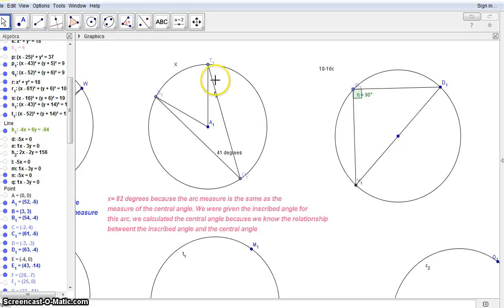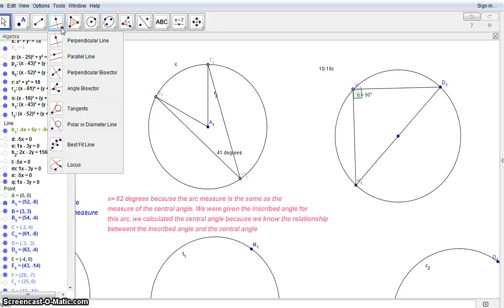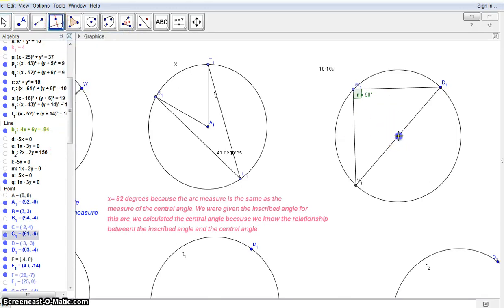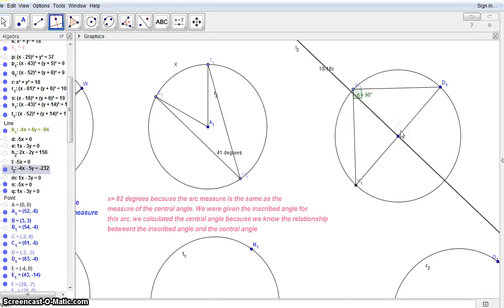When we create a perpendicular bisector through the center of the circle, and we match the vertex up on that perpendicular bisector, we now have congruent triangles. Here's our 45, 45, 90.